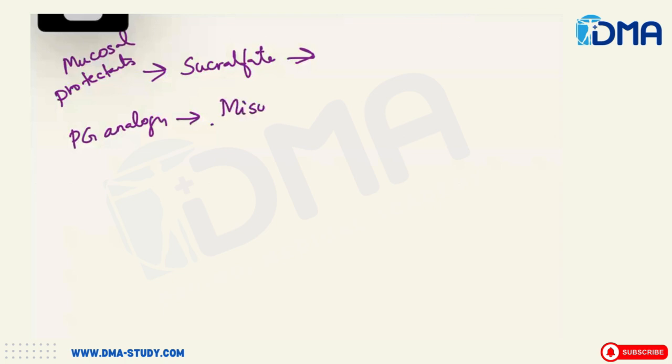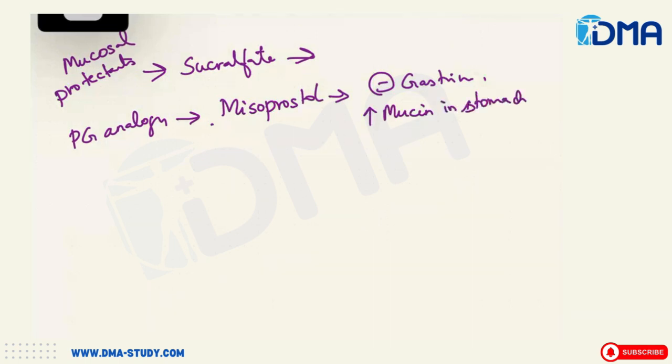Example is misoprostol. It inhibits the gastrin secretion. Misoprostol basically inhibits the gastrin secretion, thereby decreasing the HCl. That is one point. Second thing, it increases the mucin in the stomach so that the mucous layer is maintained. So these are the anti-ulcer drugs.